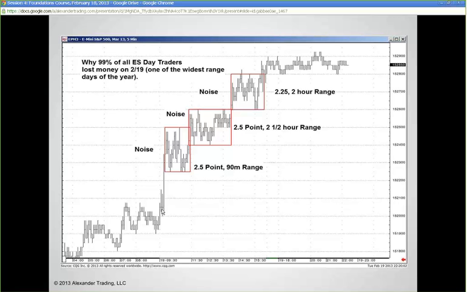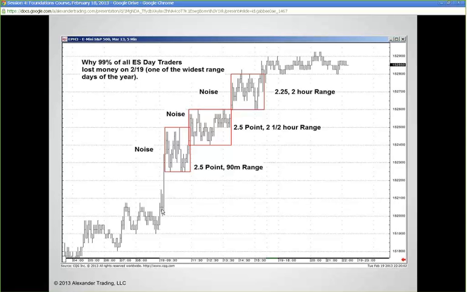So about the only way, if you're trading the stock index futures, that you're going to capture what there is to be captured is to understand the market from the perspective of an auction market trader, and market condition and market structure and market development.